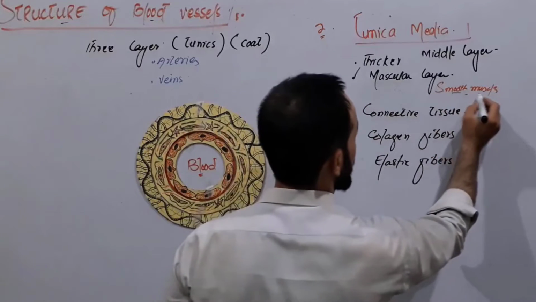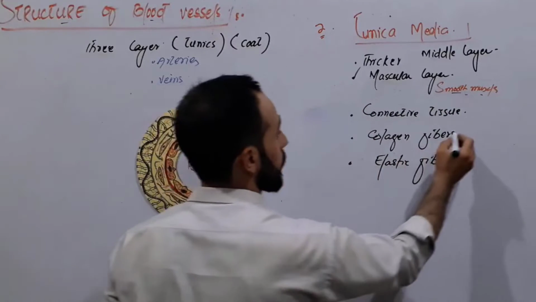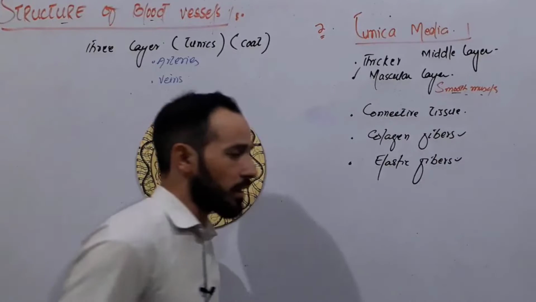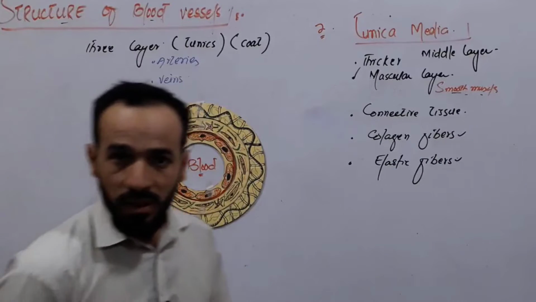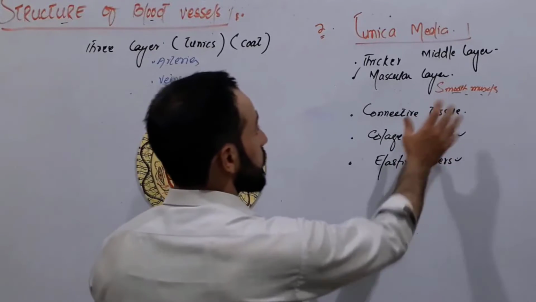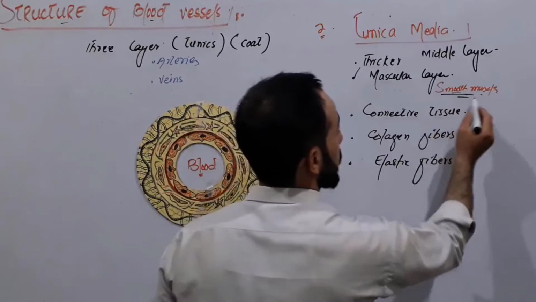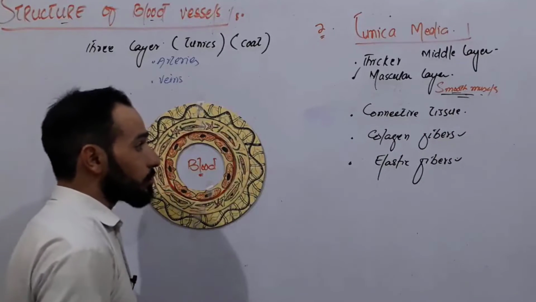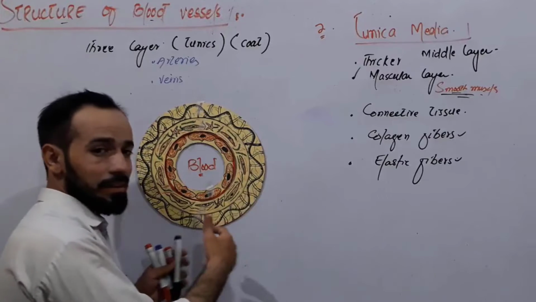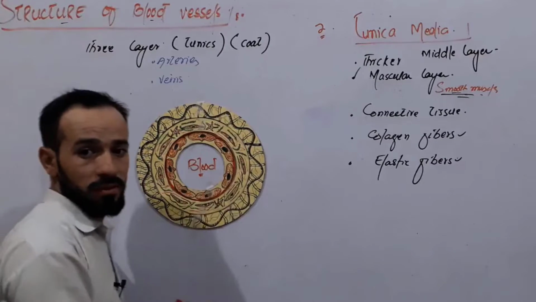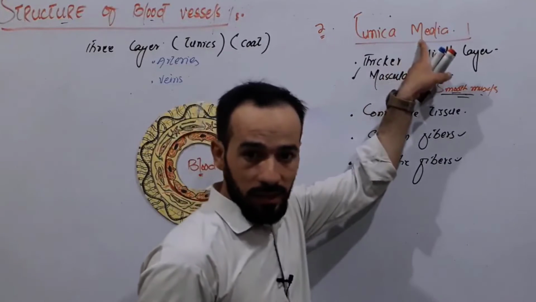With these smooth muscles, this layer also has some collagen fibers and some elastic fibers also, right? So as this layer is made up of a lot of smooth muscles, all the contractility and relaxability of these blood vessels are controlled by this layer, right?